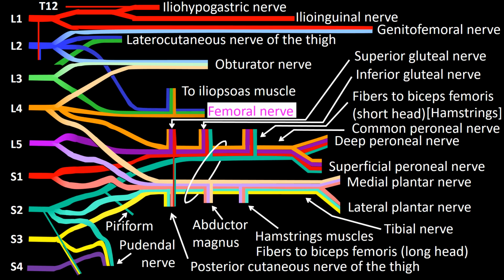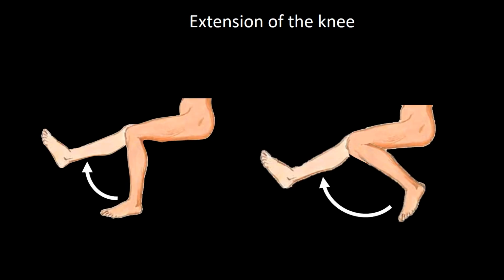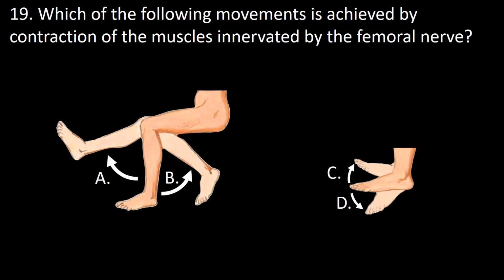The femoral nerve, as illustrated here, innervates the iliacus, the vastus lateralis, vastus intermedius, vastus medialis, and rectus femoris, before giving its terminal cutaneous sensory branch, the saphenous nerve. Contraction of the muscles just listed produces extension of the knee. So the answer to this question is A.